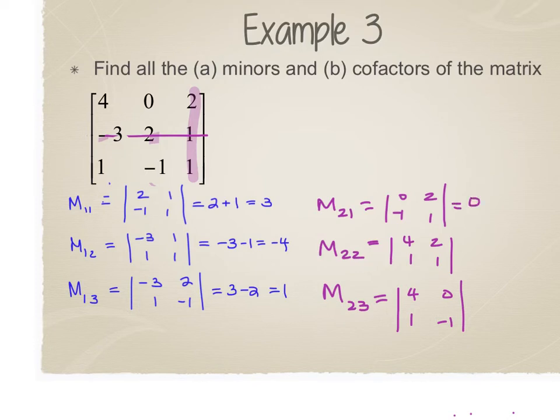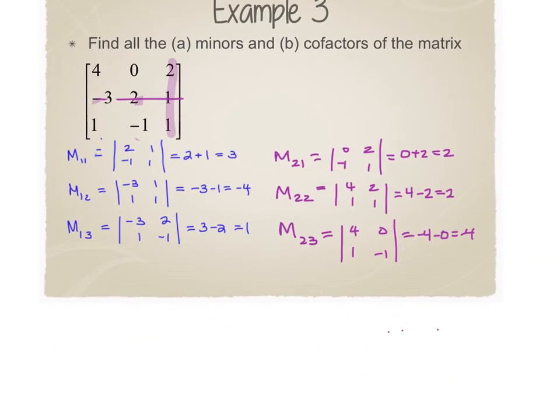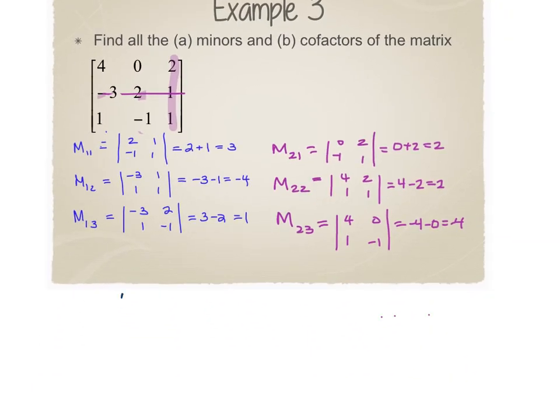So 0 minus a negative 2 becomes plus 2. 4 minus 2 is 2. Negative 4 minus 0 is negative 4. And then I get row 3.